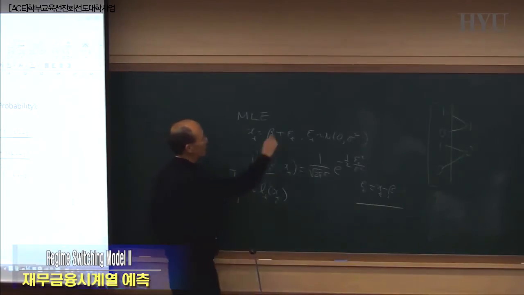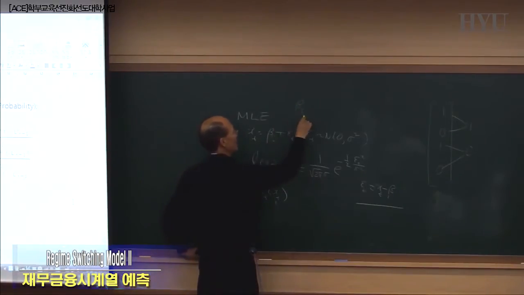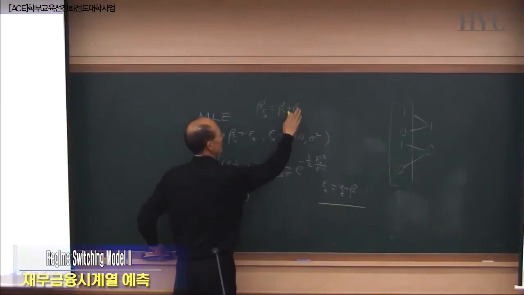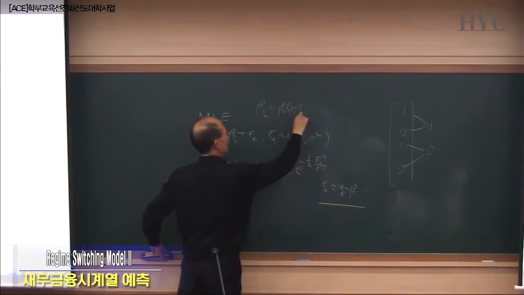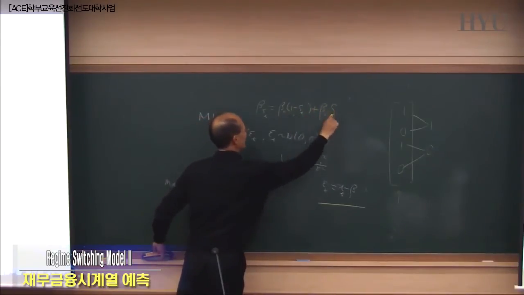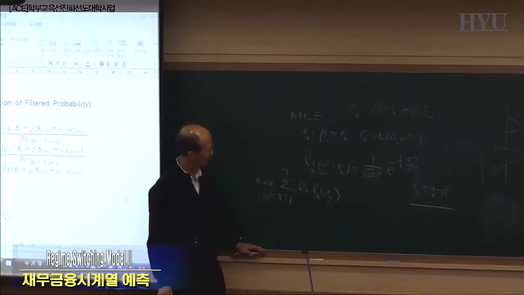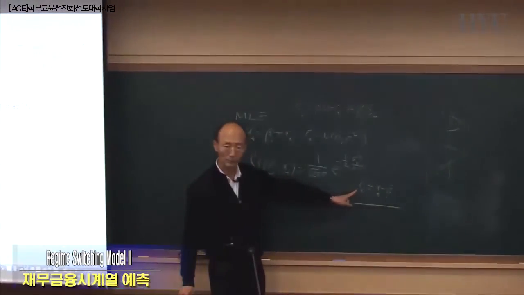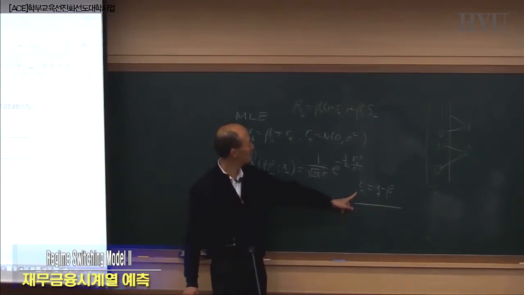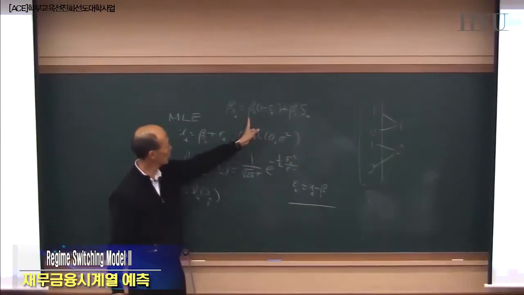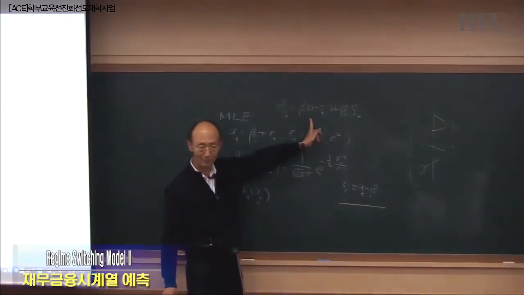So beta st is, let's say, beta 0 times 1 minus st plus beta 1 times st. Then how do we compute this one? xt minus something, right? Which one? We don't know, right?